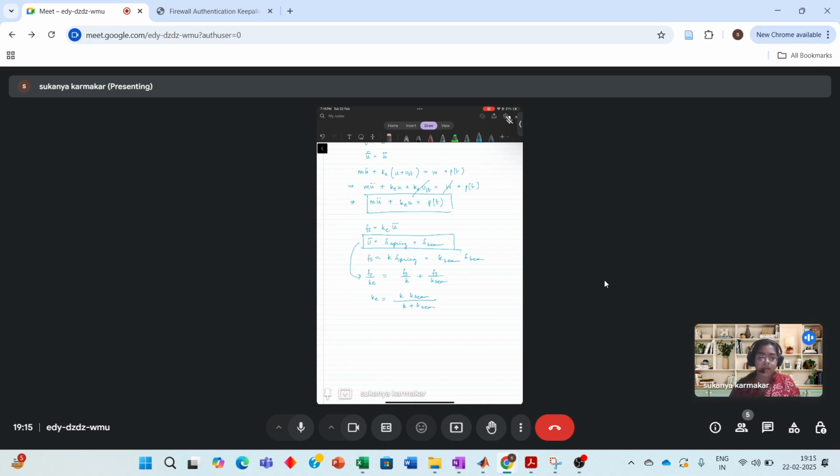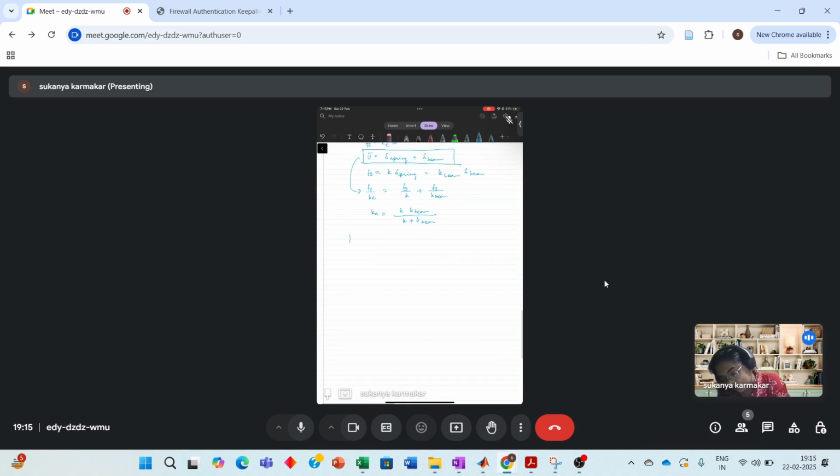And what is the stiffness of the beam under a point load? We know that for a cantilever beam subjected to a point load, the deflection delta is PL cube by 3EI, or in other words, stiffness is 3EI by L cube.